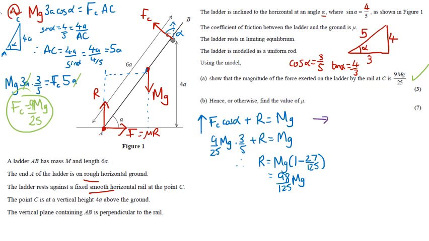So horizontally, I've got the frictional force at A, mu R, must be equal to the horizontal component of the force at C. So that's going to be Fc times sine alpha.